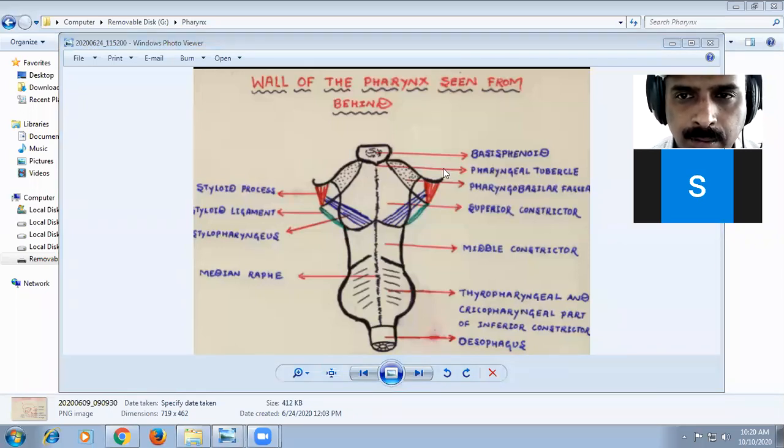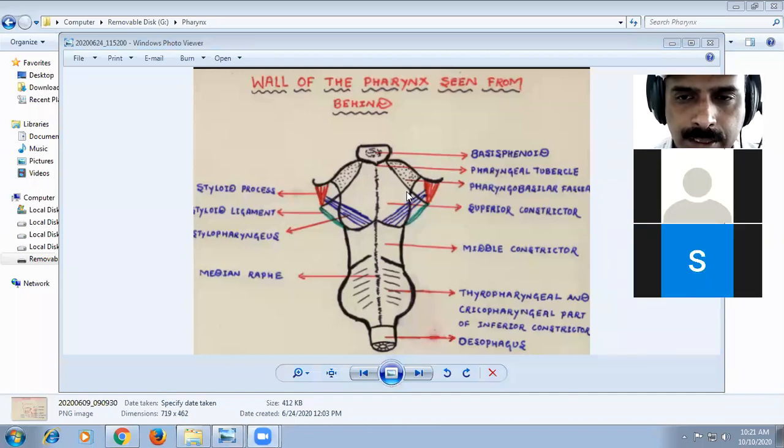There are 3 pairs of constrictor muscles: superior, middle, and inferior. Almost all the muscles of the pharynx we call constrictor muscles. That you have to remember.